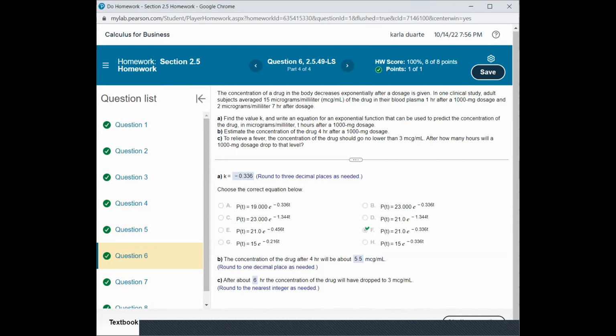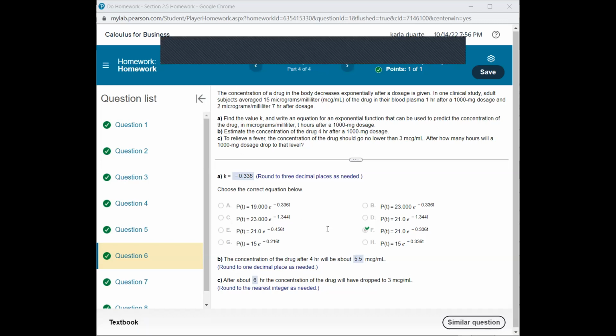where, let's see, what do I want to do? I'm going to go to annotate, and I'm going to get myself a text box, and I guess I'll put it right here. Okay, so I'm going to have my 3 because I want it to be 3 micrograms.